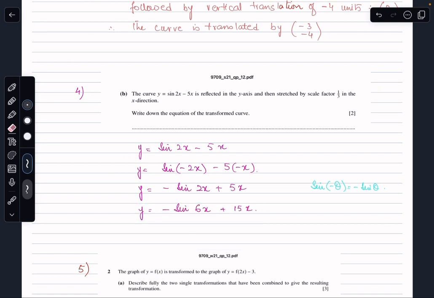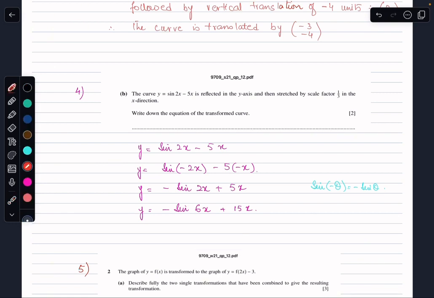Then the next transformation is a stretch by scale factor 1 by 3 in the x direction. This means that the 2x and x should be multiplied by 3.